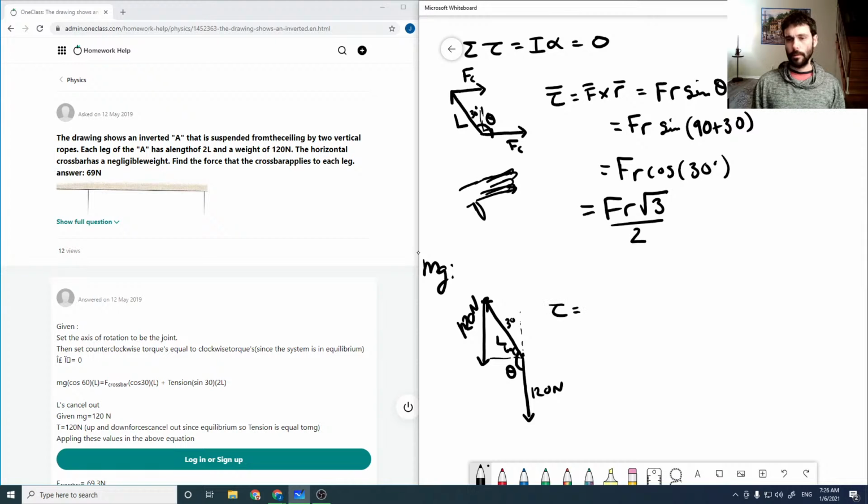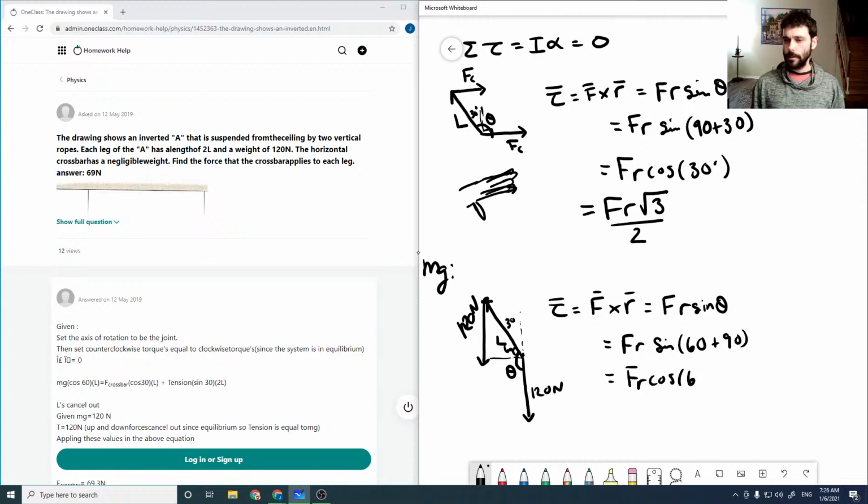So our torque is F cross R, which is Fr sine theta, which is Fr sine of 60 plus 90, which is Fr cosine of 60, which is a half. So cosine of 60 is a half.